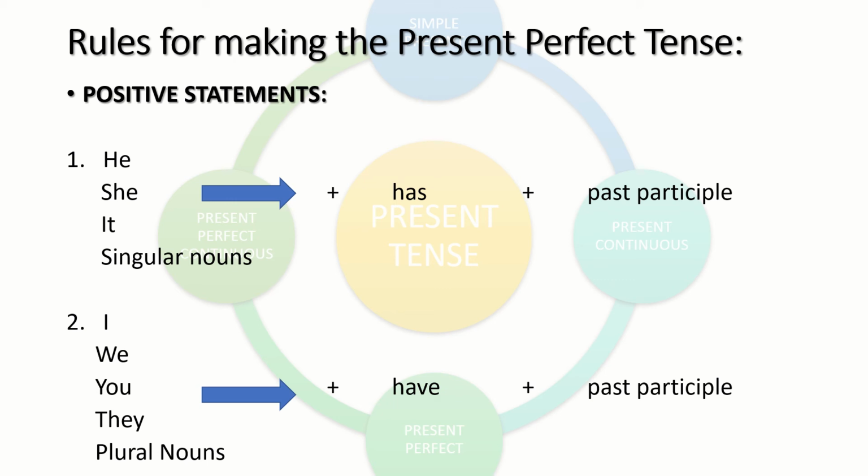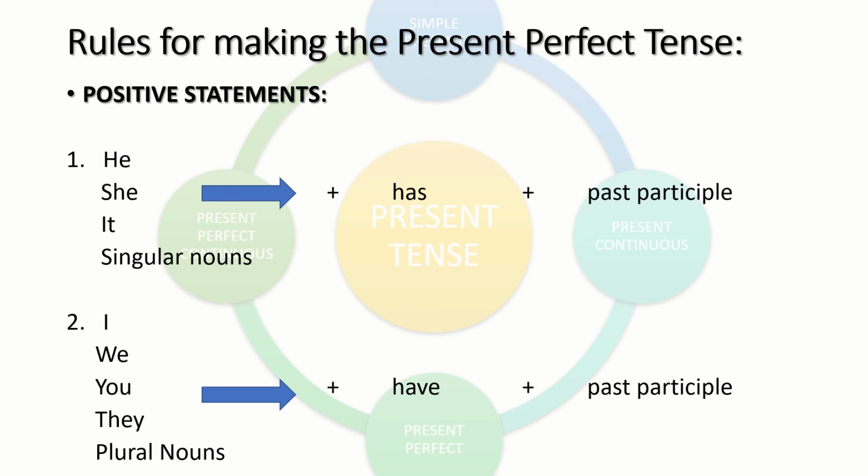Alright? For example, he has prayed. Okay, so pray is the present. So prayed becomes the past participle form of the verb.